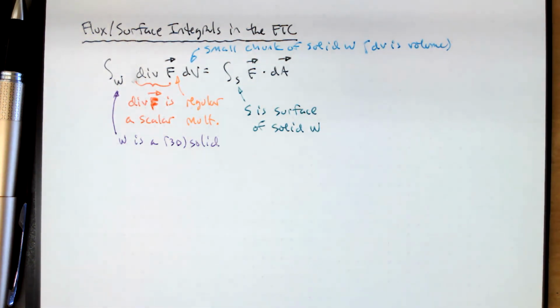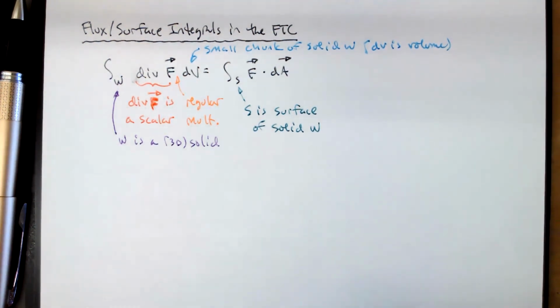The divergence theorem says this integral dV is the same as the surface integral over S of F dot dA. The surface integral is measuring how the vector field flows through the surface of the solid.